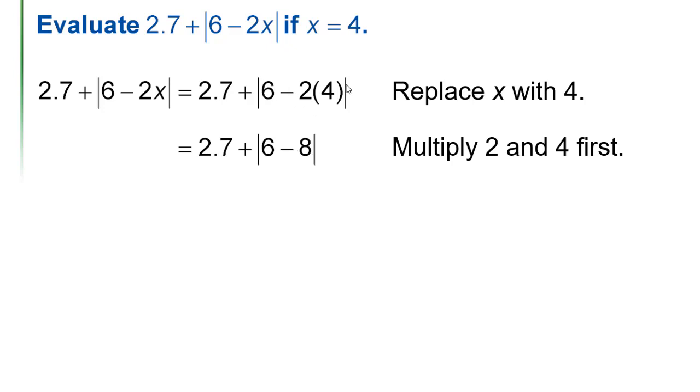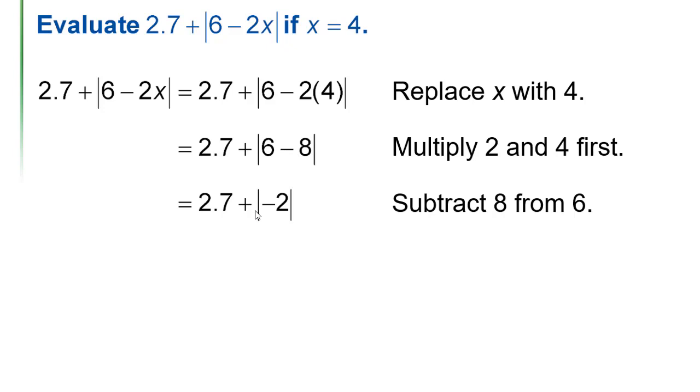And of course we're going to use the order of operations here, so we're going to take care of the grouping first and then the multiplication and division left to right. So we get 6 minus 2 times 4, which is 6 minus 8, all within the grouping of the absolute value. So that gives us 2.7 plus the absolute value of negative 2.